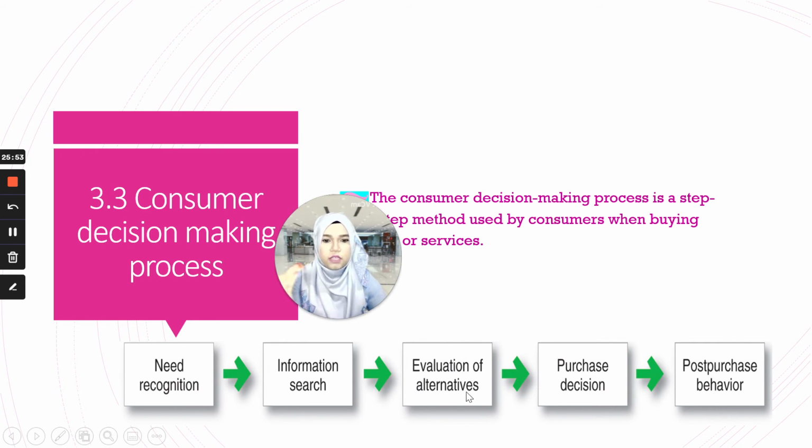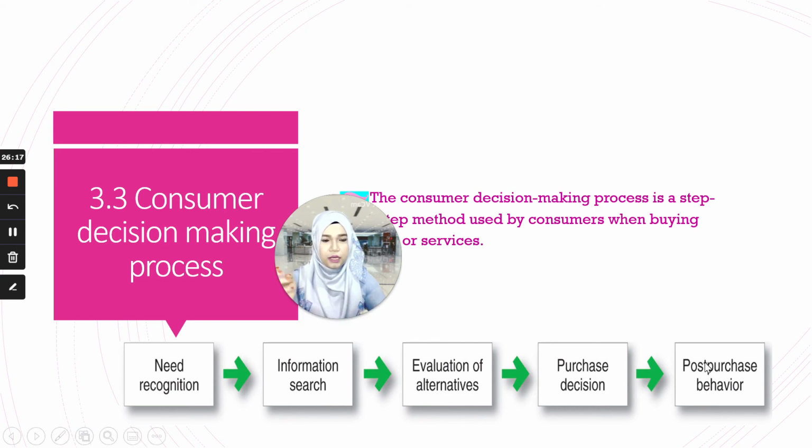Then you start to evaluate the alternatives, by putting your evoked set and everything. Then you make the decision by going to the shop and buying the product, and you feel happy or dissatisfied about the product in your post-purchase behavior. Now, bear in mind that not every product that you want to buy, you will go through this process.